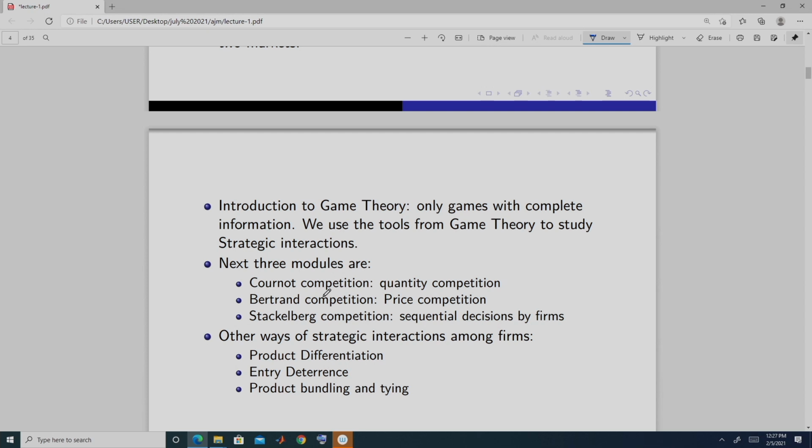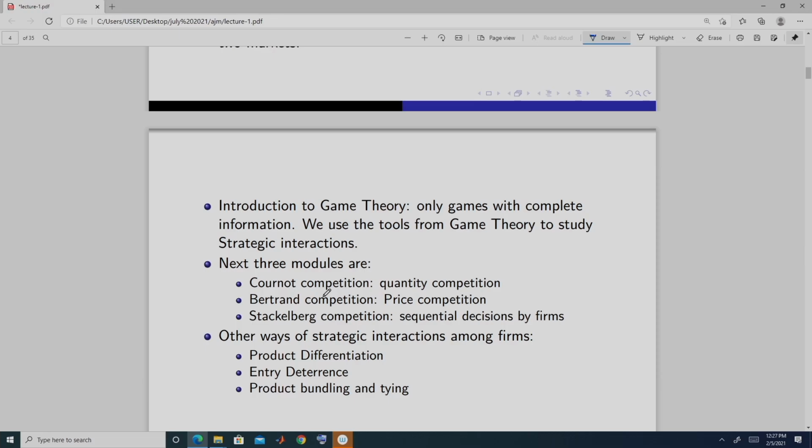But in this form of market, that is Stackelberg, decisions are taken sequentially, like firm 1 moves first, decides first on the quantity, and then firm 2 decides on the amount of quantity it is going to produce. Or first firm 1 decides on the price, and after observing that, firm 2 decides what price to set. So this is going to be Stackelberg competition, and we will study it.